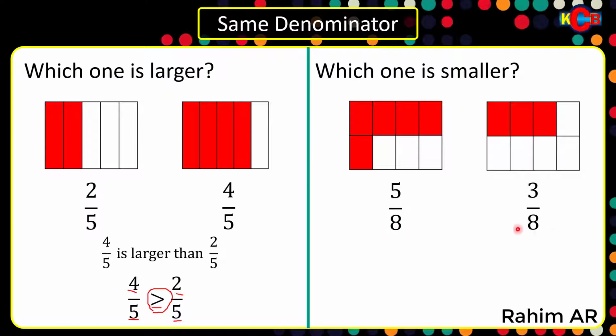Here 8 and here also 8. Therefore, 3/8 is smaller than 5/8. This is the symbol for smaller than. It also looks like an arrow but pointing to the left.